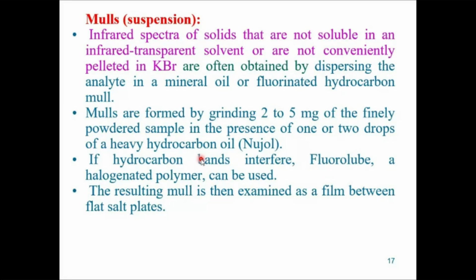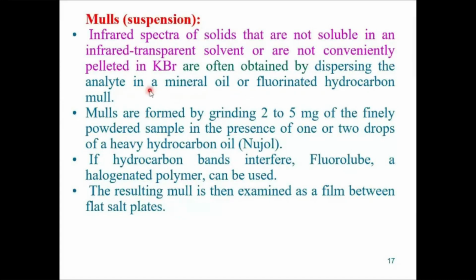Okay, what they do in that, infrared spectra of solids that are not soluble in an IR transparent solvent or are not conveniently pelleted in KBr are often obtained by dispersing the analyte in mineral oil or fluorinated hydrocarbon mulls.